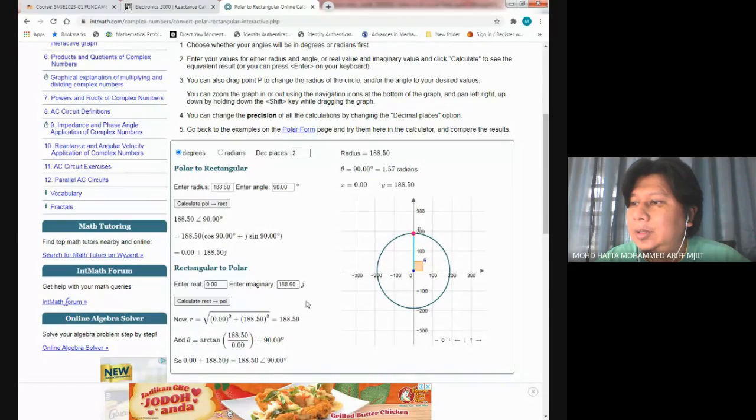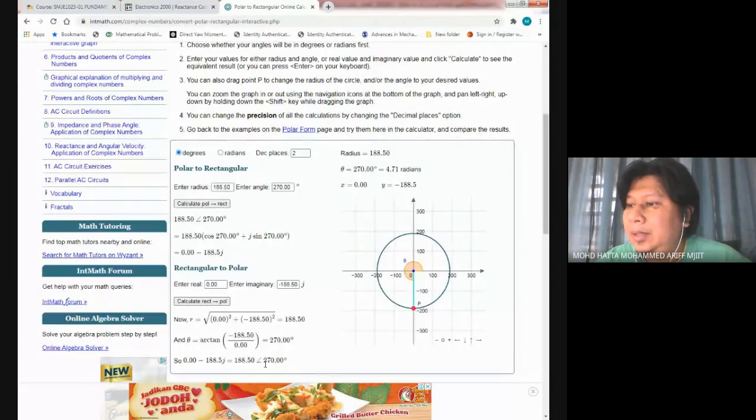So in other words, if you don't have the real component, and you only have the imaginary component, this j operator means 90 degrees. Let's say, for example, we put it this way, negative j118.5. So what happened over here?